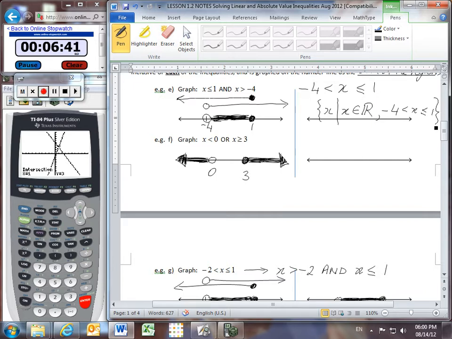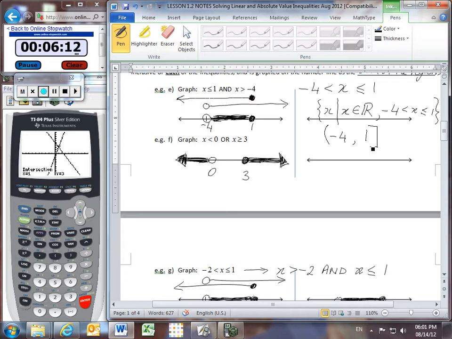I could also describe this information in interval notation. Interval notation looks a lot like a set of coordinates. My -4 is my beginning endpoint, but it is not included, so I'll use a round bracket. So -4 is the beginning, but not included, comma, and my endpoint is +1, which is included, and that's interval notation.